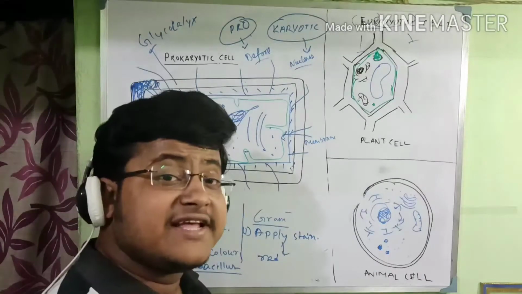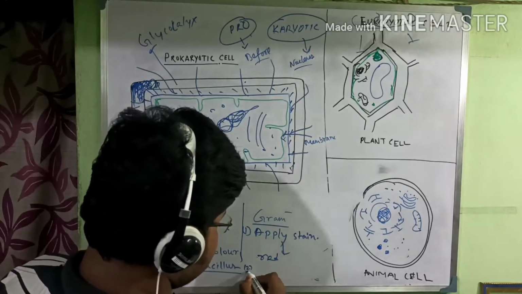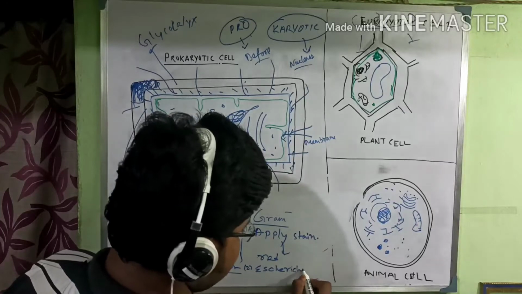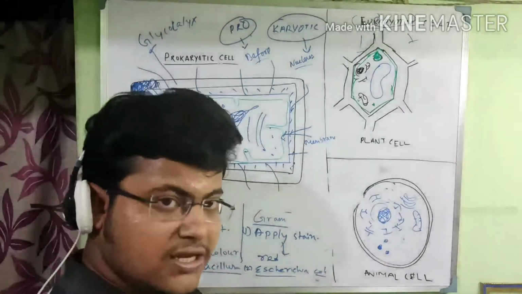What is an example of gram-negative bacteria? That is Escherichia coli, or E. coli.